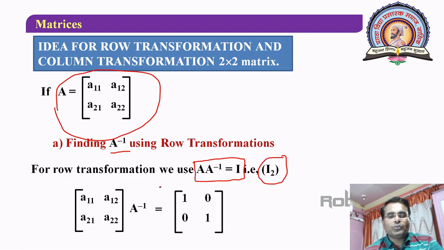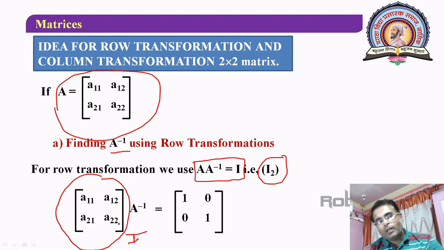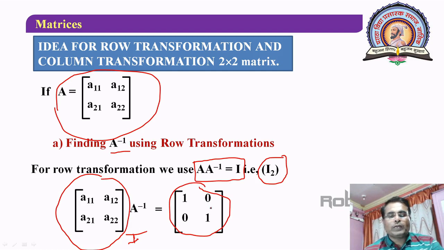1, 0, 0, 1. Now what we have to do, whenever we consider the inverse of a matrix, is reduce the matrix A on the left hand side to an identity matrix by using suitable row transformations, and at the same time the matrix I on the right hand side will reduce to some other matrix, because this is an equation.